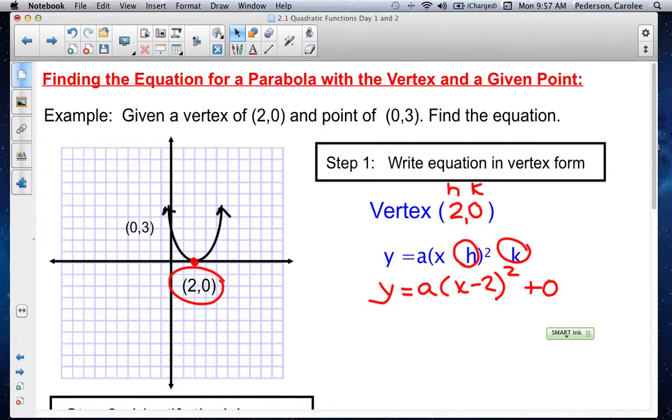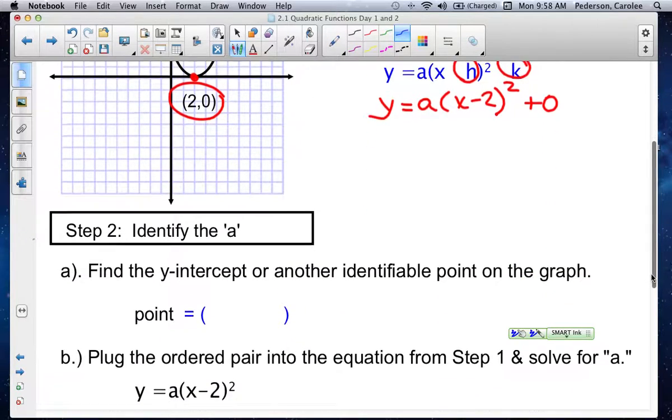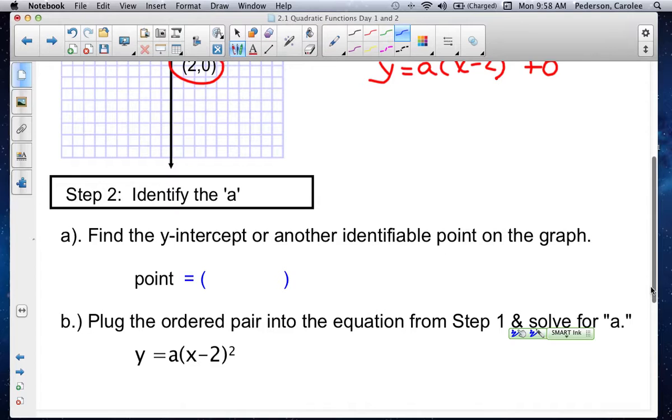Where's the other identifiable point? (0, 3). So we're going to use this point next. So step 2 is identify the a.